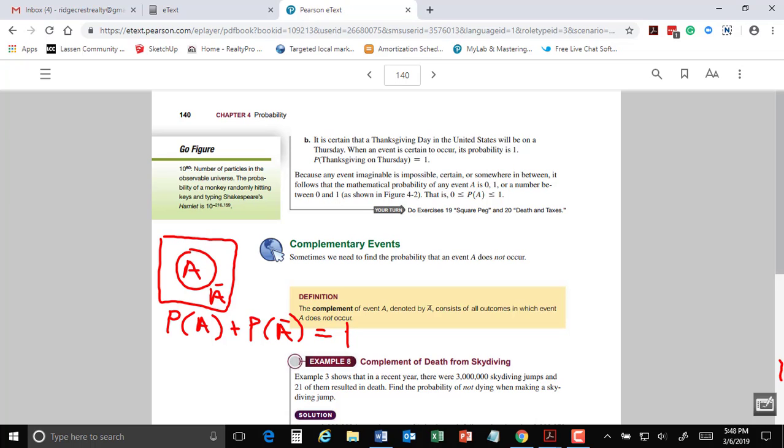I've added the area of the circle and the area of the circle not, right? So you can do your algebra here and say P of A is equal to 1 minus P of A not. Did you see I just subtracted P of A not from both sides?